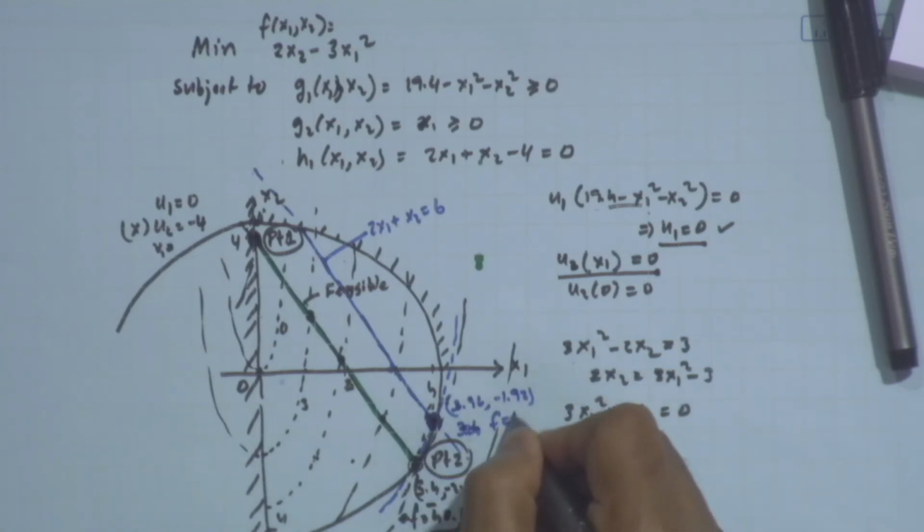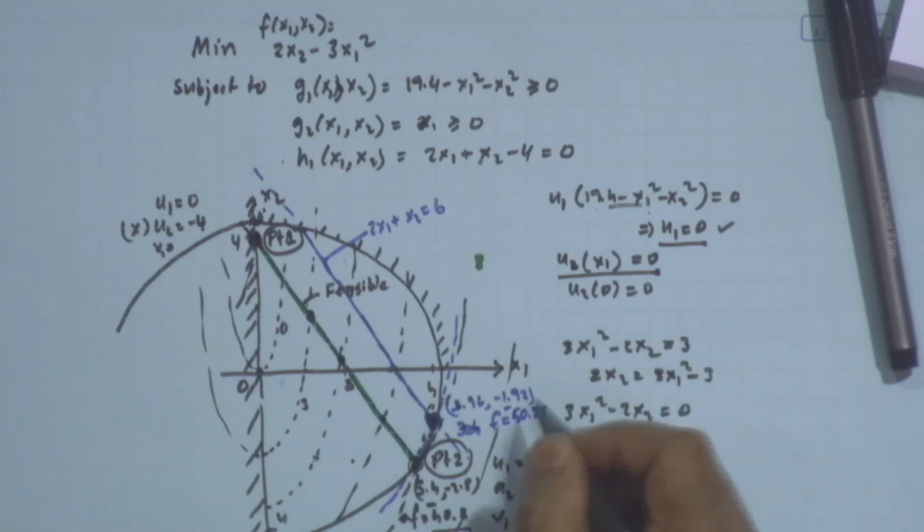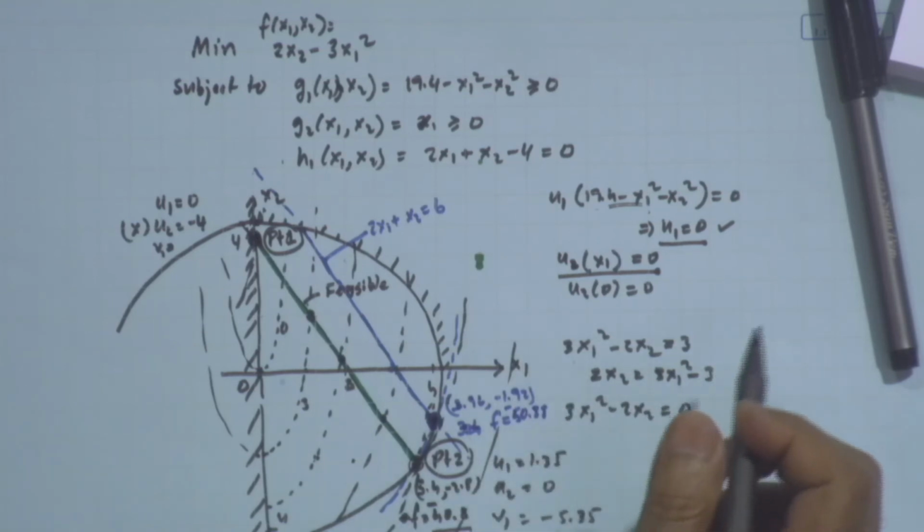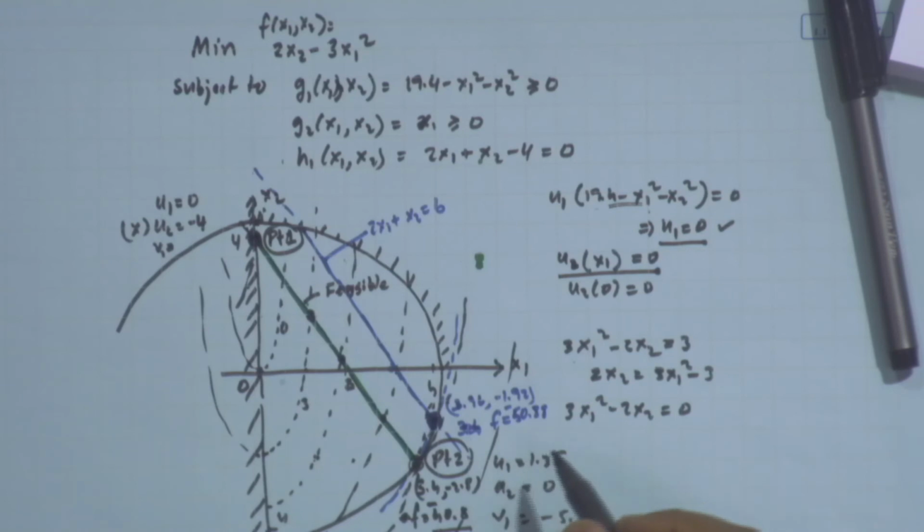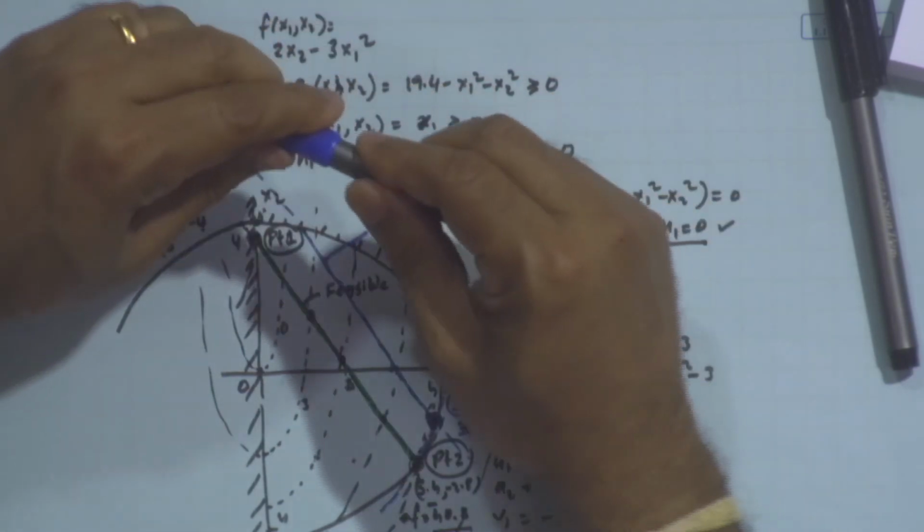Minus 50.88 it turns out. Okay, so it gets better. And the difference is almost 11.3. Sensitivity analysis performing quite well. Yeah, quite good. It works pretty well actually.